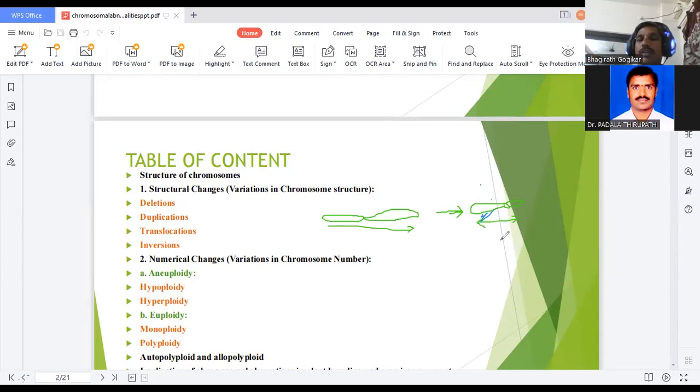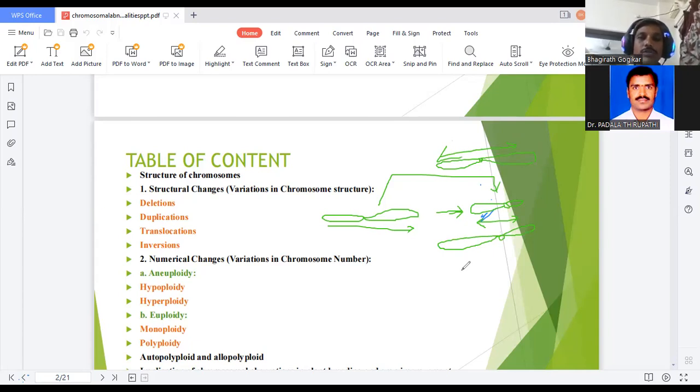How is it possible? What changes take place in this chromosome? Sometimes the chromosome is as usual like the previous model, but the positions of the genes present on the chromosome change. So the order of the genes is changed, or sometimes there is addition of genes, sometimes deletion of genes.